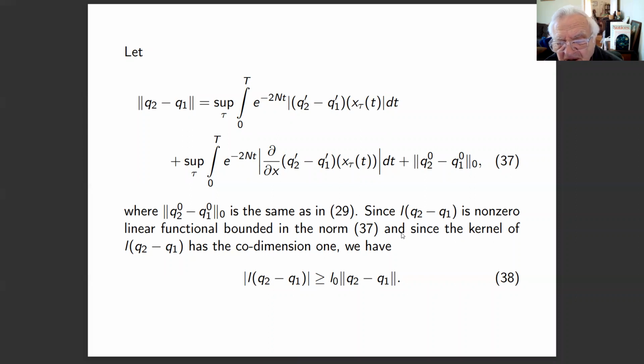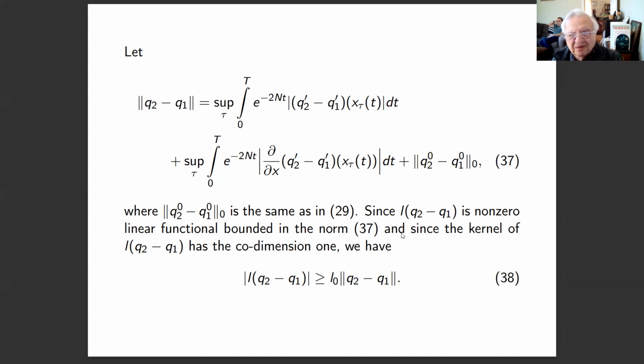It has q2 0 minus q1 0, which comes from the estimate for the x0 component, and the integral of the supremum in tau of e to the minus 2nt, q2 prime minus q1 prime, and the same for the derivatives.